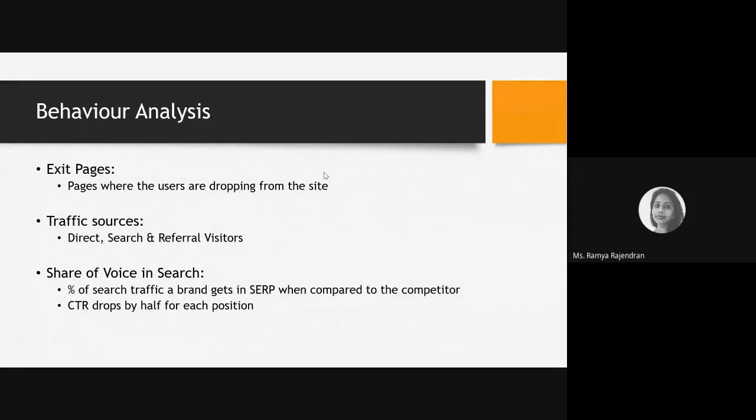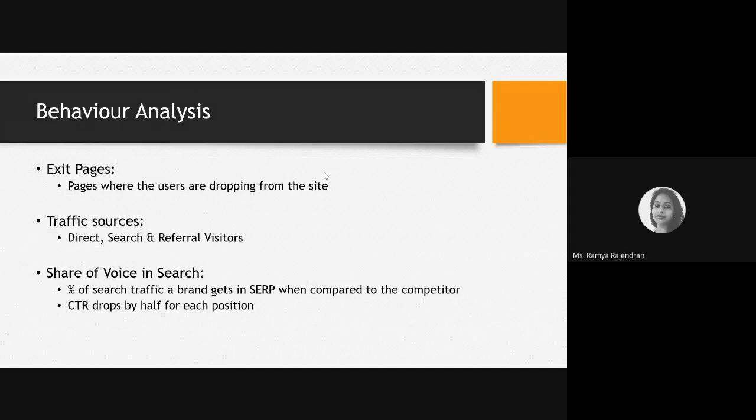And the next one is the traffic source. Yes, it's a very important metric. We have been discussing this a lot already. There are three kinds of traffic sources: direct visitors, search visitors, and referral visitors. If you key in the website name directly on the browser and come here, it's a direct visit.